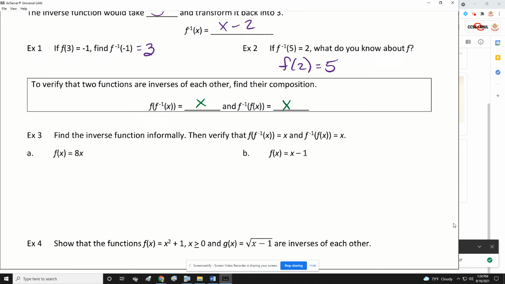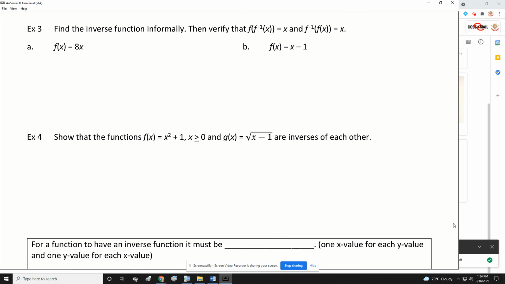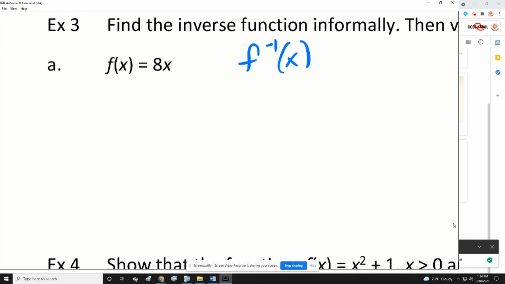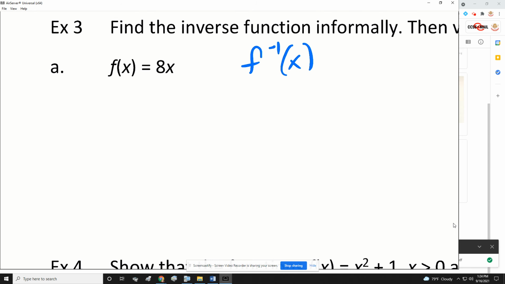Okay. So on example 3, we're going to find the inverse function informally, and then verify using that rule where you do the compositions. So we have to think about, if we're finding the inverse of f of x equals 8x, inverse operations. The inverse of multiplying is dividing.